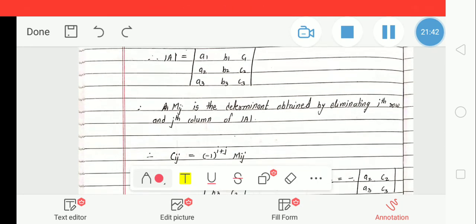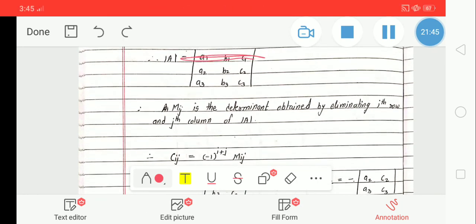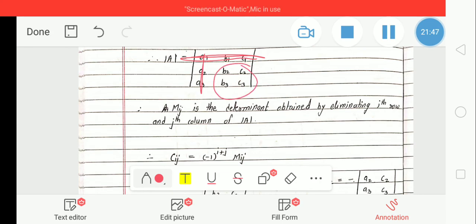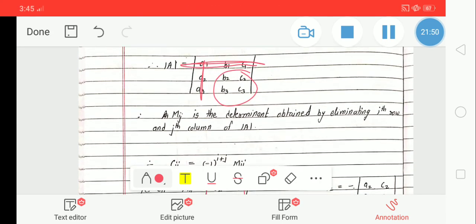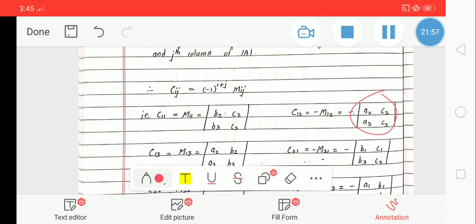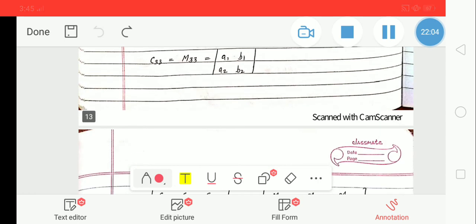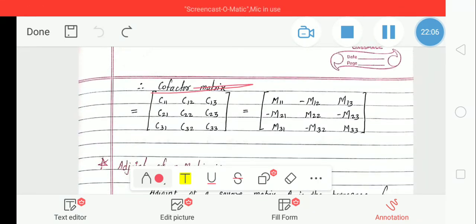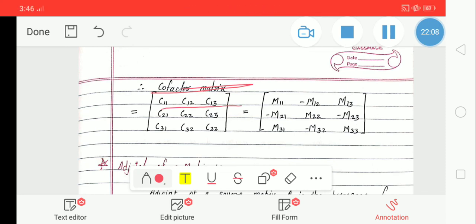How to find? Here C11 means we eliminate the first row and first column, so we get C11 from these. Then C12 means first row and second column, so we take these and take the minus sign. So these are easy. This is the cofactor matrix. So these are also the same.